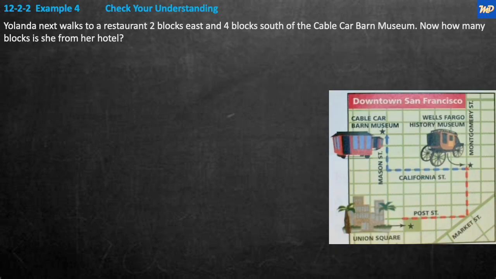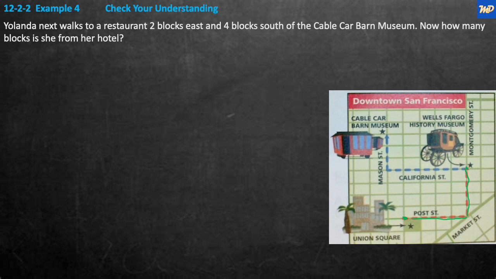Okay, example 4, check your understanding. So Yolanda's next walk was to a restaurant 2 blocks east and 4 blocks south of the Cable Car Barn Museum. So how many blocks is she from her hotel? Well, if you remember from the first slide, here's the same picture. She started off right here at her hotel, and she walked 4 blocks east and 4 blocks north.